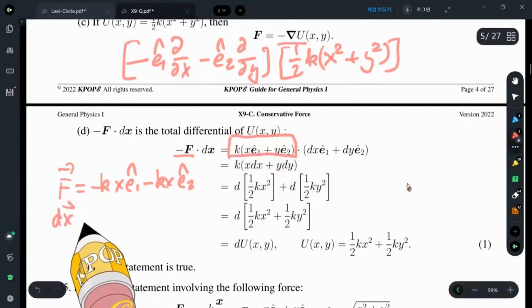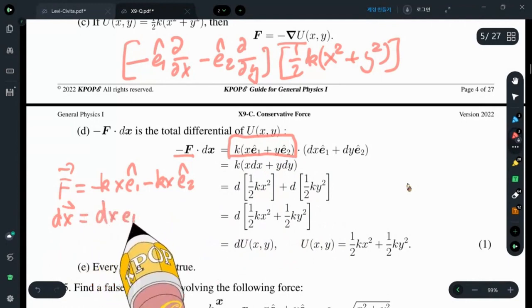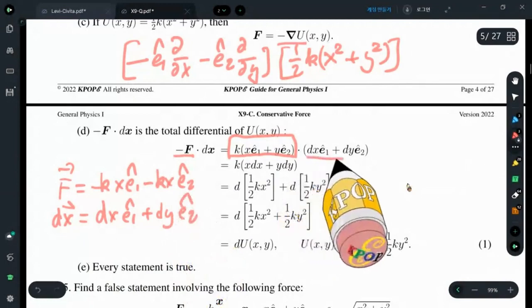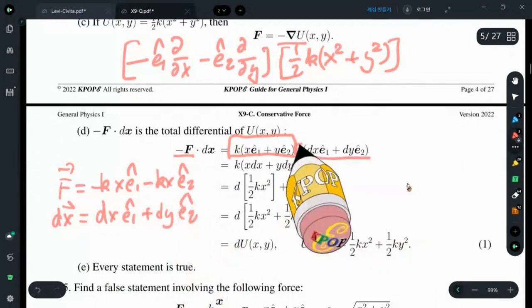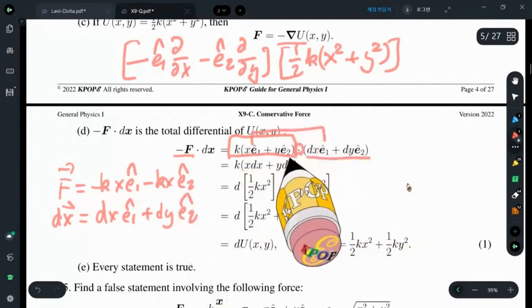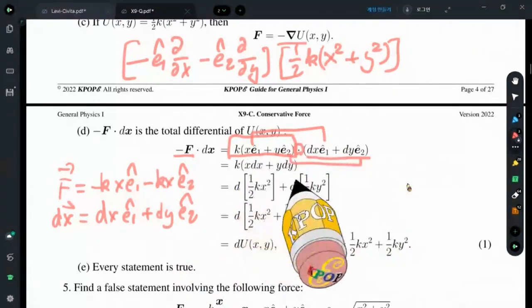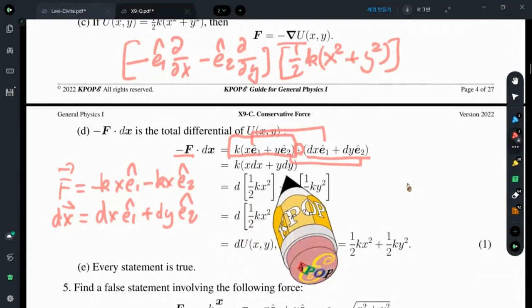And dx is dx e1 hat plus dy e2 hat. That is written in here. And the scalar product collects the same component only, so this answer is x dx plus y dy.